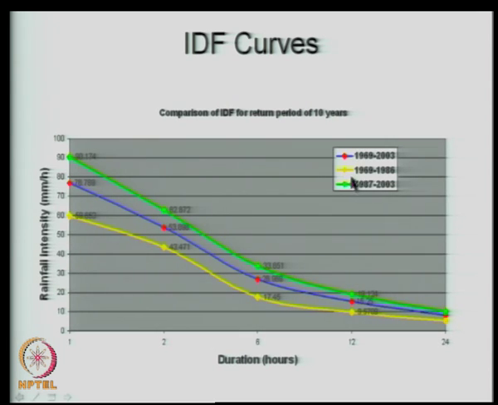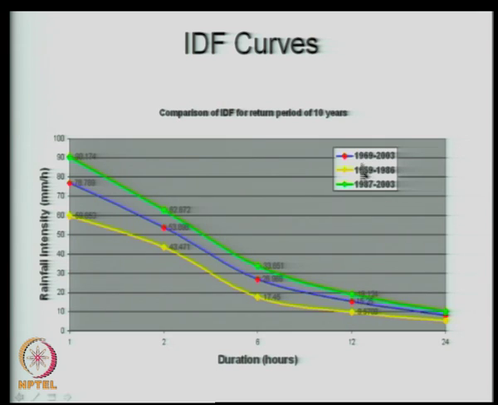So, if you consider only the 1969 to 1986 data and derive the IDF relationship, this is how it looks. I am showing it for a particular return period of 10 years. For a given duration, you may get a much lower rainfall intensity compared to that obtained for 1987 to 2003. For 1987 to 2003, you are getting a much higher intensity of rainfall for the same duration for a given return period of 10 years.